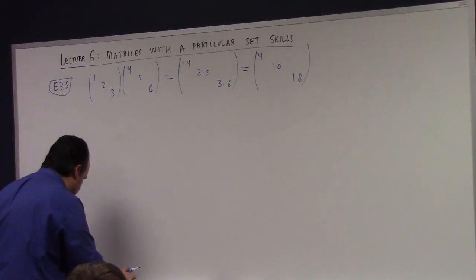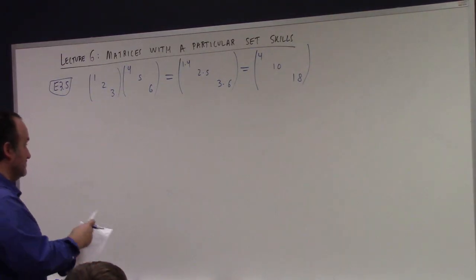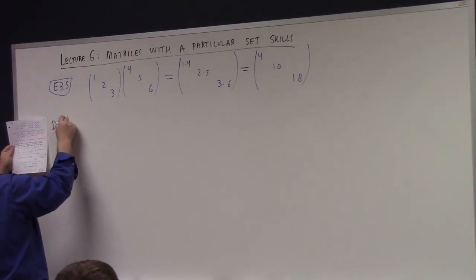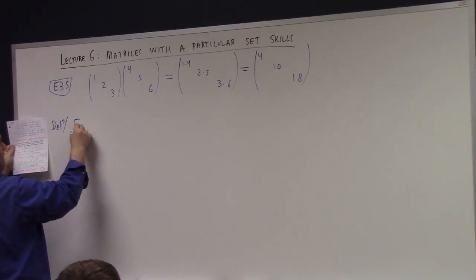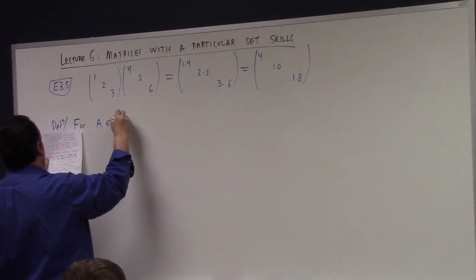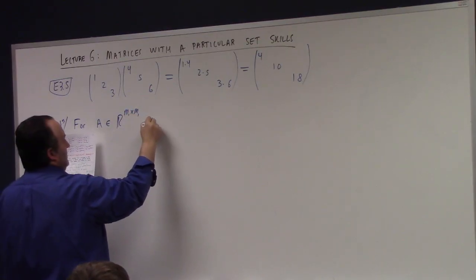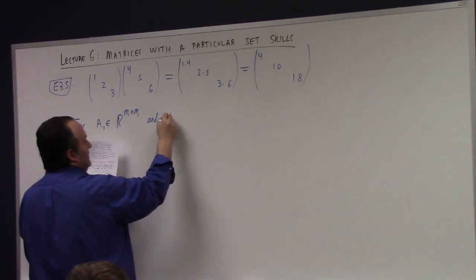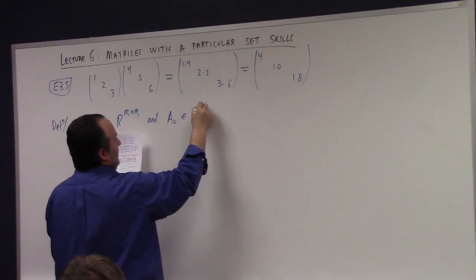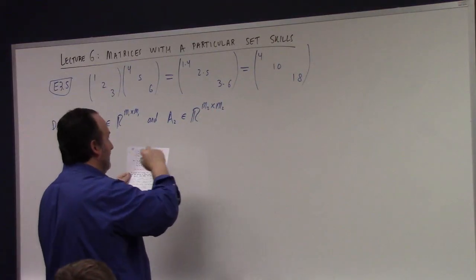So, definition here. For A1 in R^(m1 by m1), and A2 in R^(m2 by m2), so these are both square matrices, not necessarily the same size.